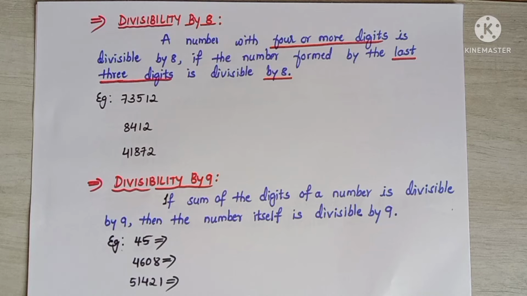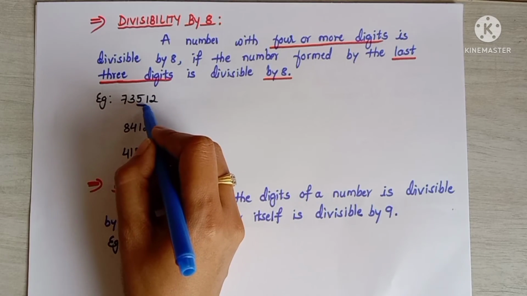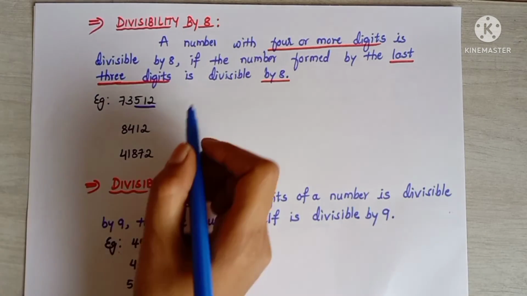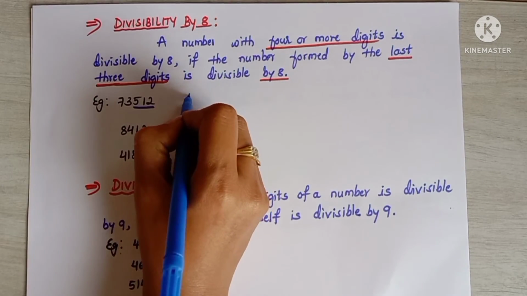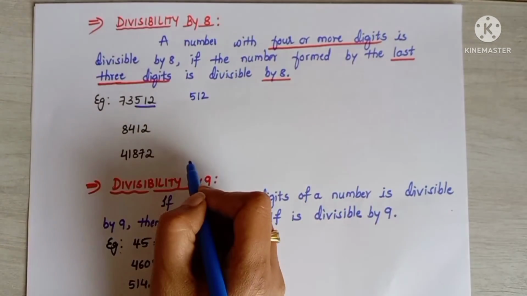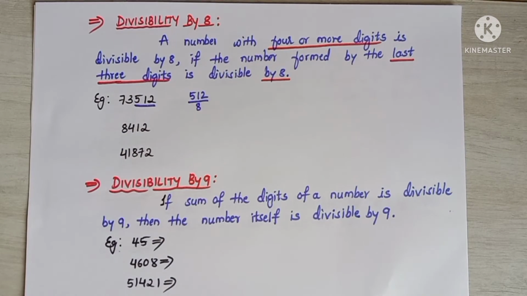We have a 5 digit number here. What do we have to do? We have to check whether its last 3 digits are divisible by 8 or not. In this example, the last 3 digits are 5, 1, 2. We have to check whether it is divisible by 8 or not.